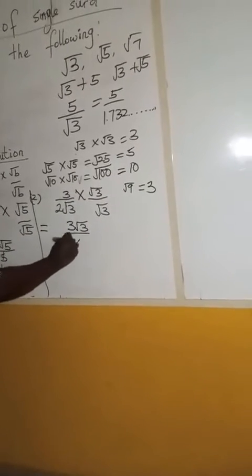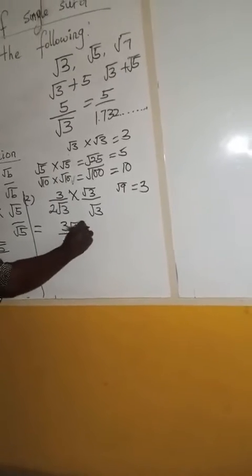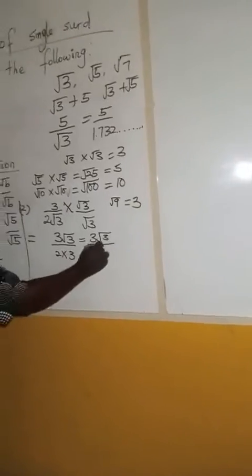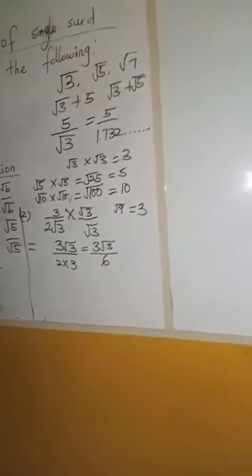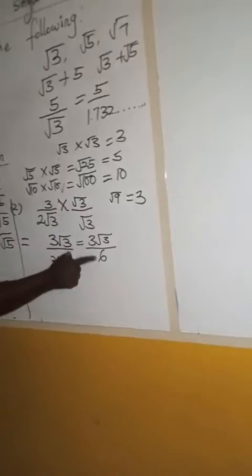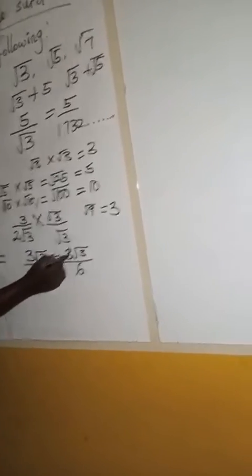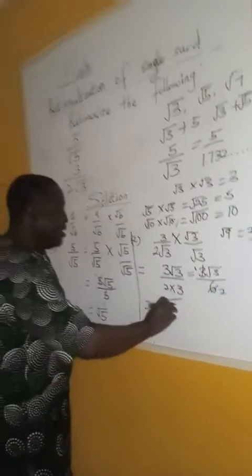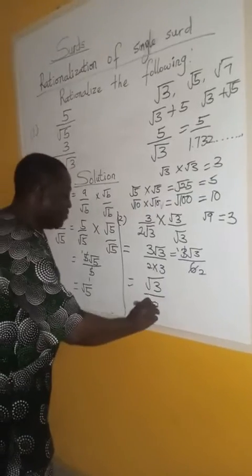So this is 2 times 3. Then we have 3 root 3 all over 6. Now, we can use these 3 and 6 to divide each other. 3 here 1, 3 here 2. So the final answer now is root 3 over 2.